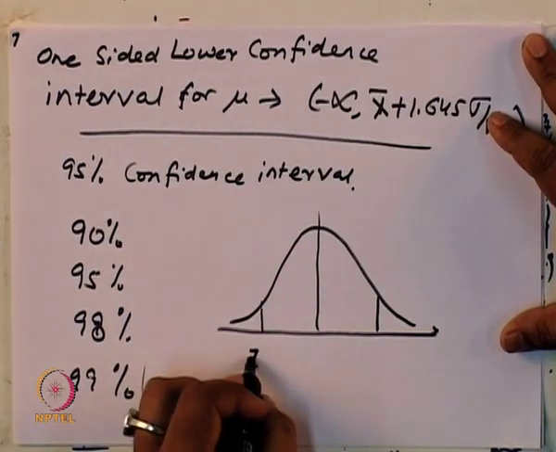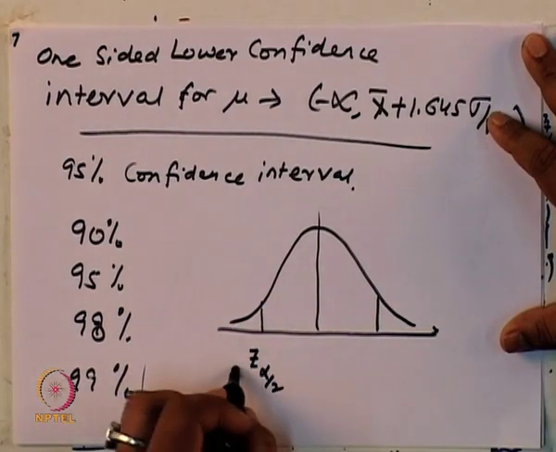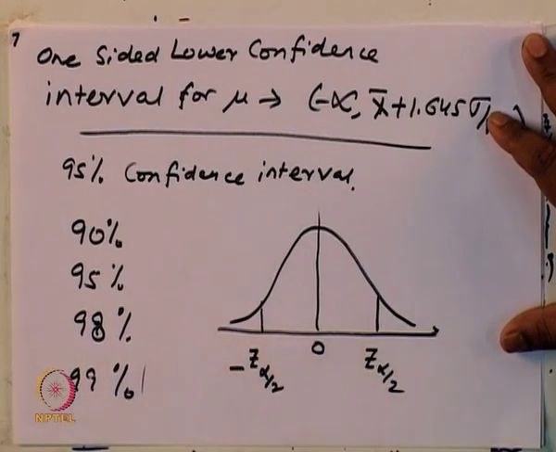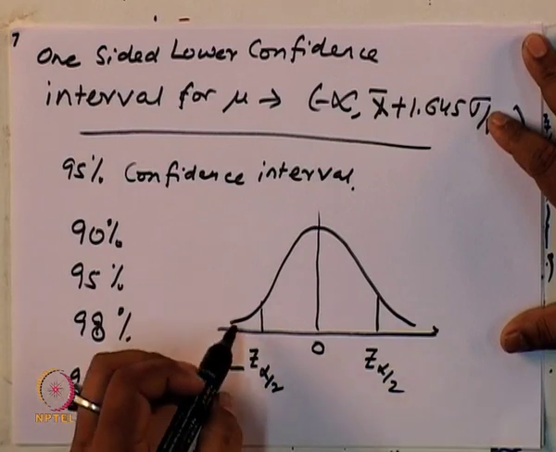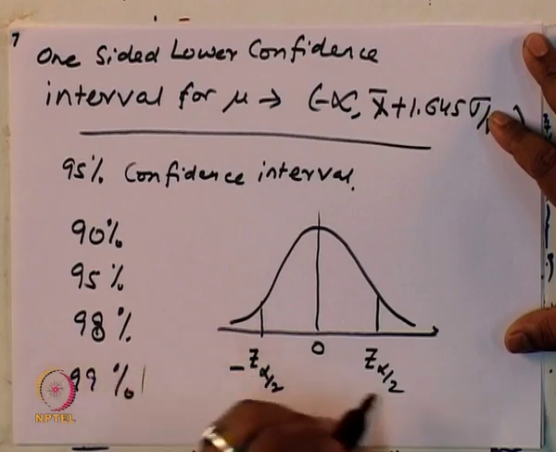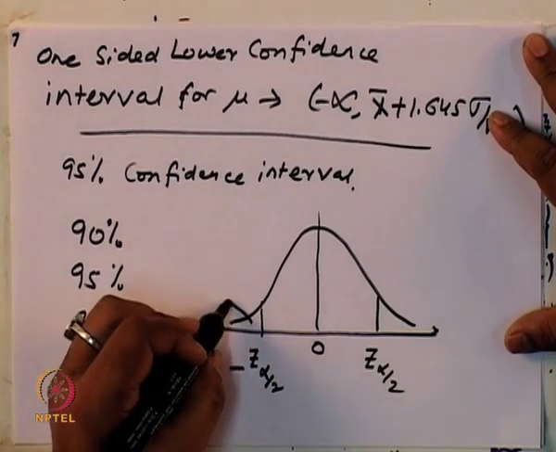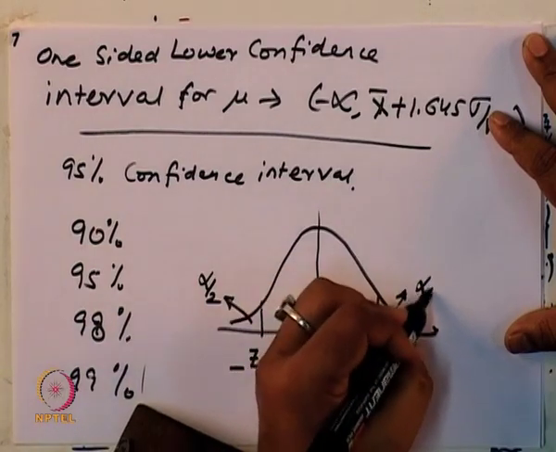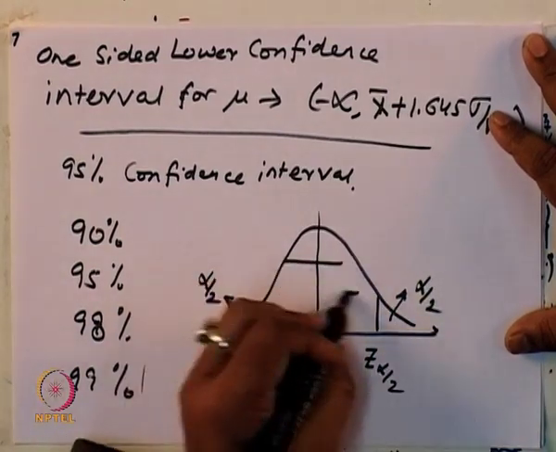Okay. So, let us say we have this interval, this is 0. Okay. You have this normal distribution, which is symmetric. This value is minus z alpha by 2 and this is z alpha by 2. So, this corresponds to the area under this curve being alpha by 2, and the area under this curve is alpha by 2. So, what is in the center?